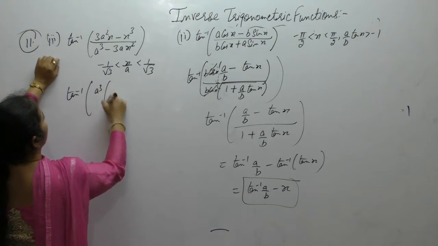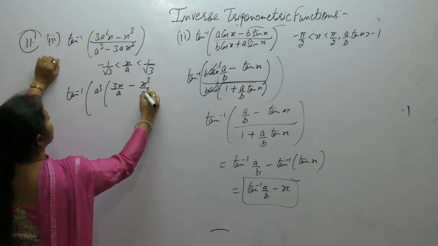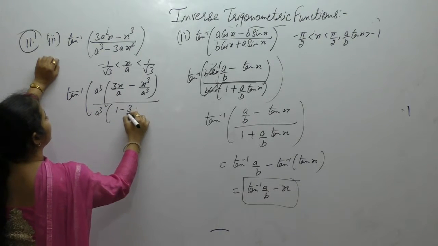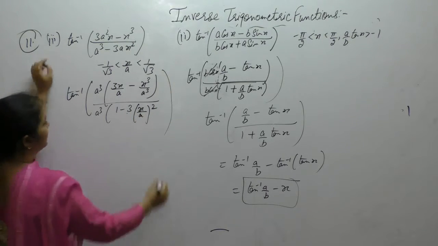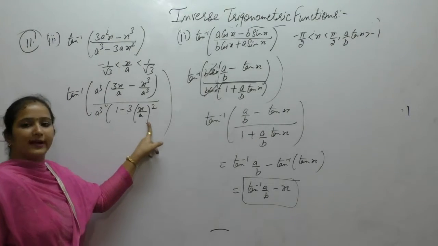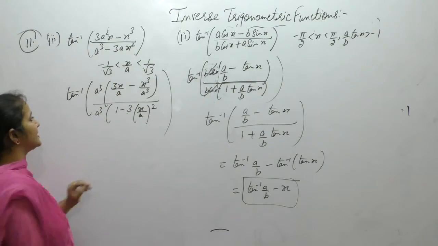So a cube common: 3x upon a minus x cube upon a cube, 1 minus 3 x square upon a square. From a cube common taken, we have to divide by a square, x square is already here, so x square upon a square.